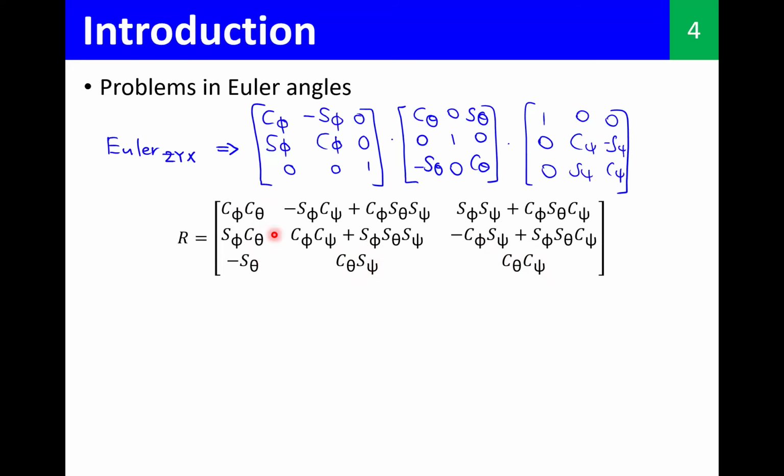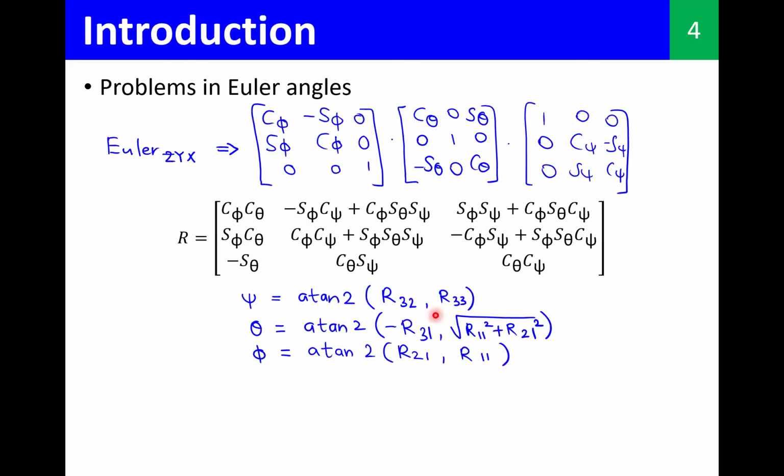And in the same way, if we look at these two, cos theta is the same. So from these two elements, we can figure out what's the phi angle. And here, theta is nicely isolated. So we can use this to find out theta. So we can extract the three angles given a rotation matrix, right? So this is how we do that.